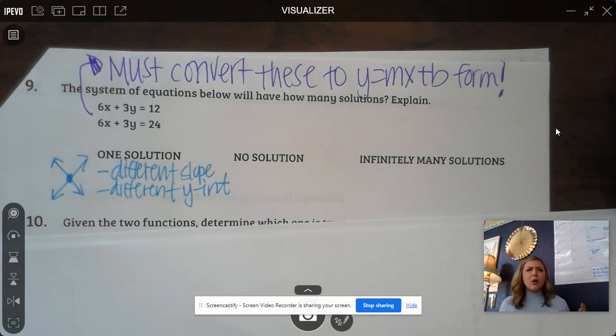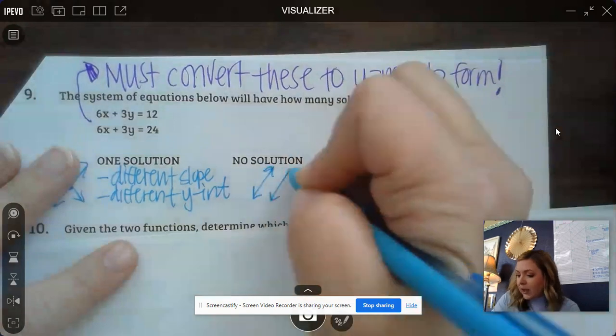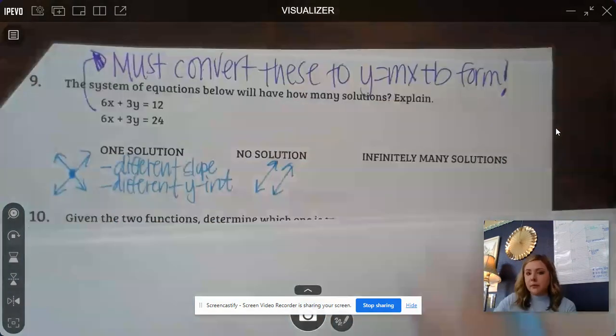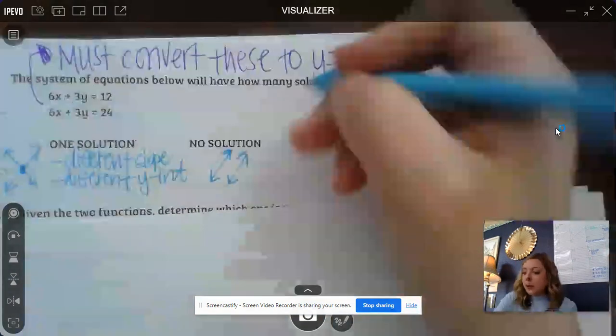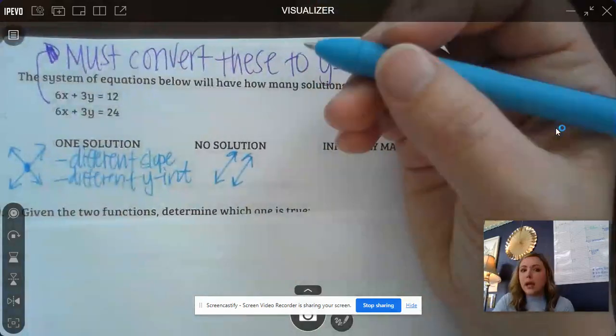What about no solution? The whole point of a system is to find where they run into each other. So what if they don't run into each other? What will they look like? Yes, they will look like parallel lines. Parallel lines mean they started at different points, but they're moving the same way.